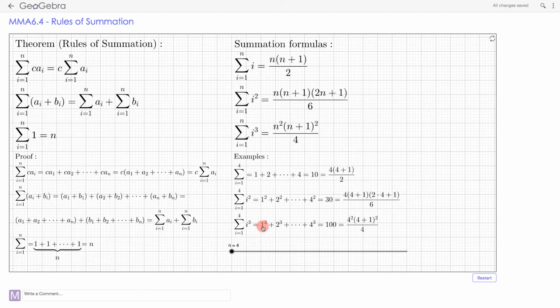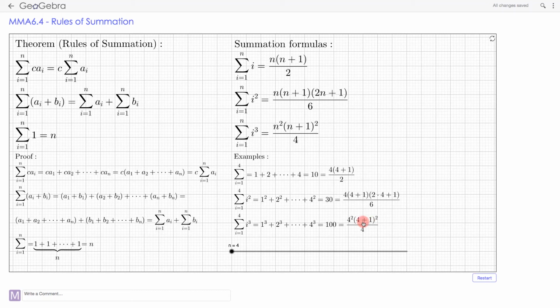Here we have 1 plus 8 plus 27 plus 64, I guess. This turns out to be 100. It can also be calculated like this. So 16 times 25, right? What is that?